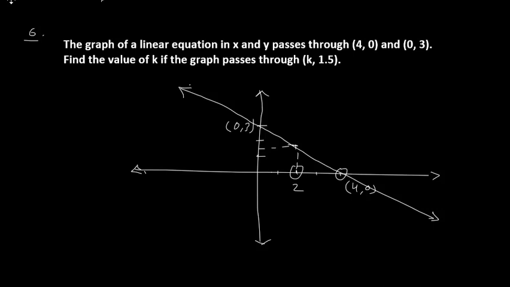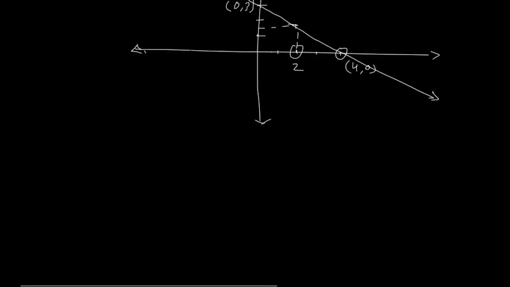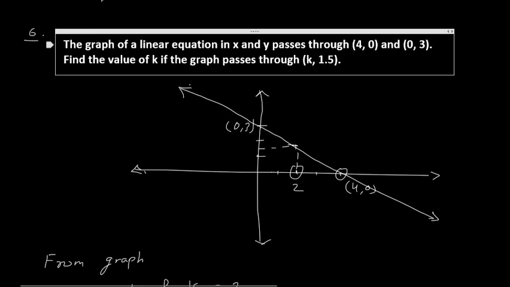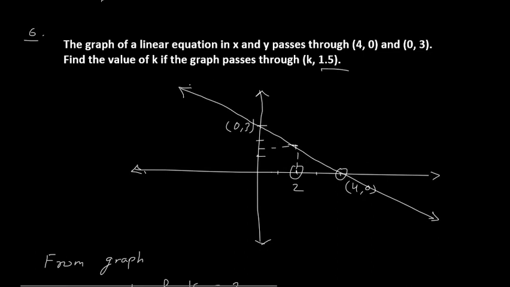Therefore, from the graph the value of k is 2. Now k is nothing but the x coordinate of the point. When the y coordinate is 1.5, we have to check the x coordinate. So this is the point and its x coordinate is 2 and y coordinate is 1.5. Simple question, the sixth one.